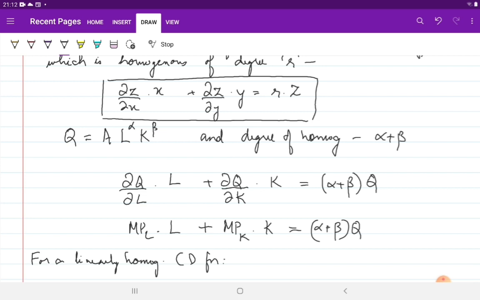So in the case of a linearly homogeneous Cobb-Douglas production function, I can write this as MPL times L plus MPK times K is equal to Q, since alpha plus beta will be equal to 1.